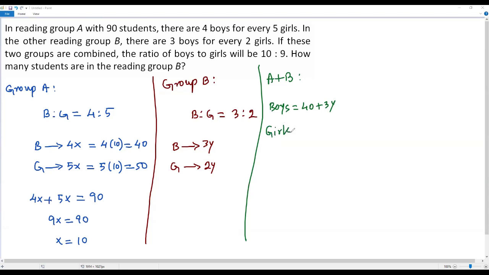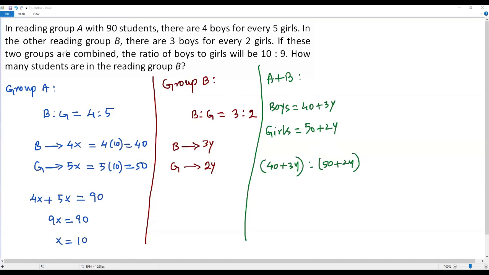To get the total number of girls when the two groups are combined, we add the number of girls in group A and group B, that is 50 + 2y. Now let's write the ratio between the number of boys and number of girls: 40 + 3y to 50 + 2y. This is the ratio after the two groups are combined.